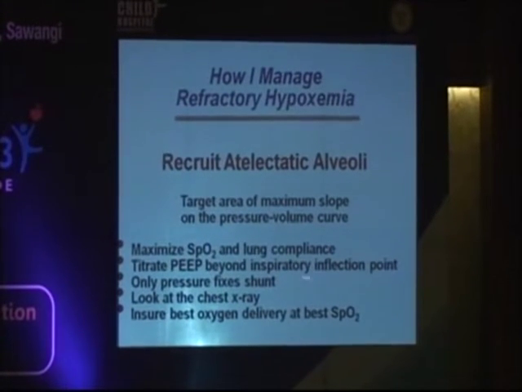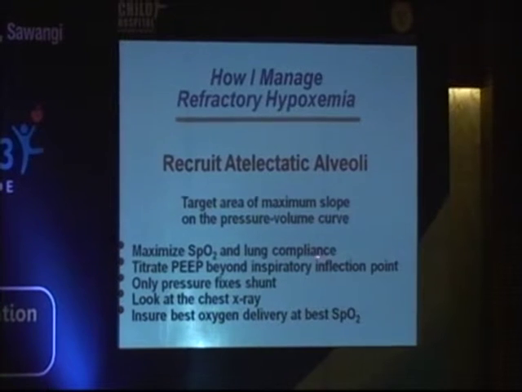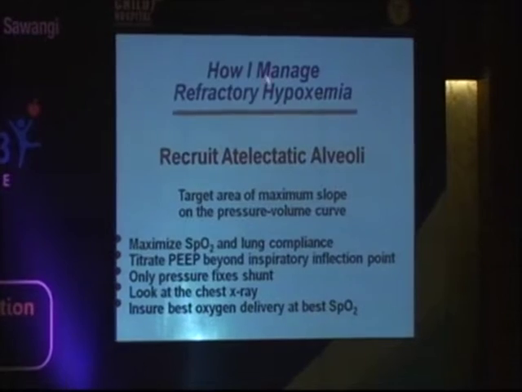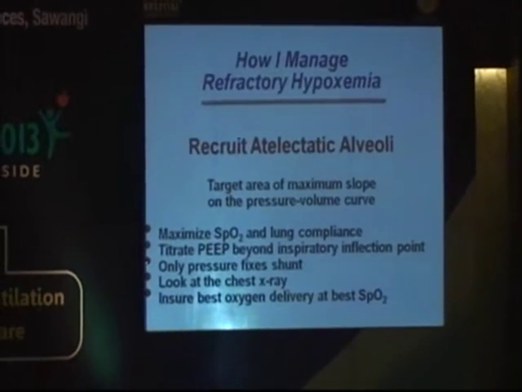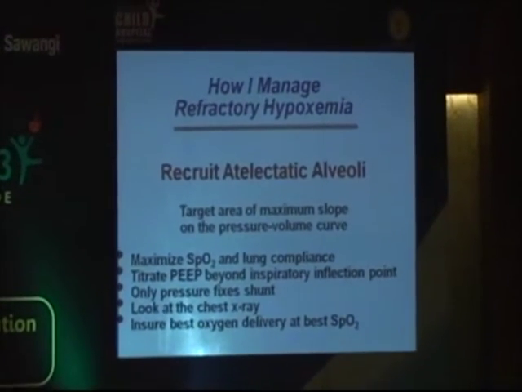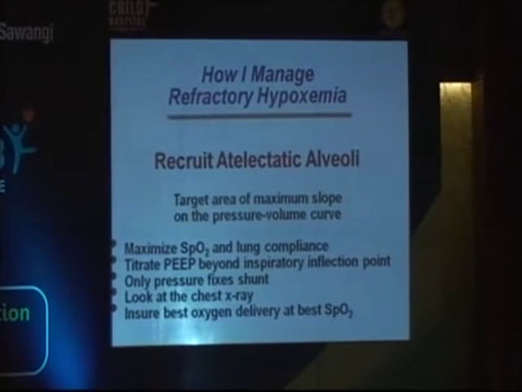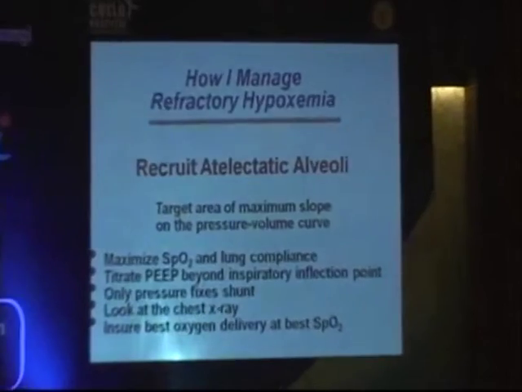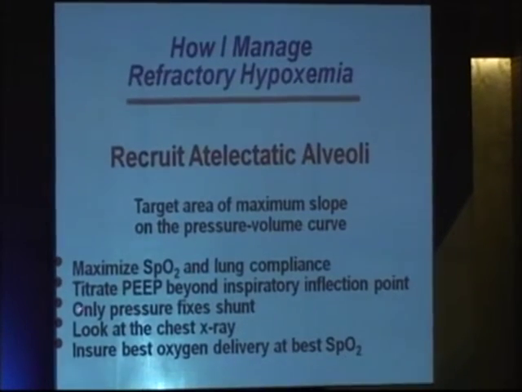This is easy to talk about, but in actuality, maybe not so easy to do. But we're trying to maximize at the same time the pulse oximetry saturation and lung compliance, the milliliters per centimeter of water pressure delivered. For these types of problems, only pressure fixes shunt. That is, you can't make this better by increasing the FiO2. You have to recruit the alveoli. Look at the chest x-ray.